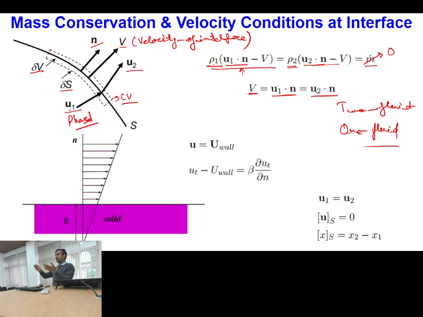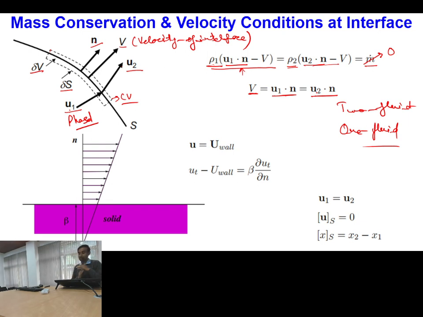That is the reason, if you recall, I told you earlier that if there is no phase change, and say this is your interface, with water below and air above, and there is some oscillation in the water, then the rate at which the interface is moving vertically upward, whatever is the velocity just below the interface in the water, the same will be the velocity just above the interface in the air, in the normal direction.